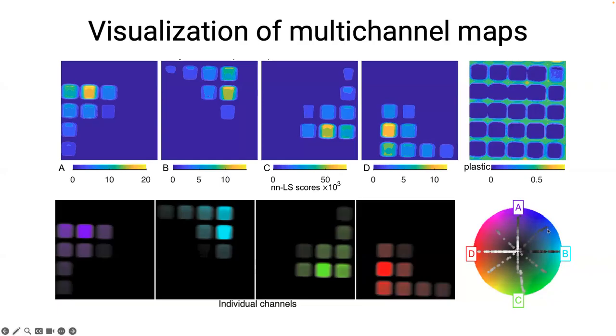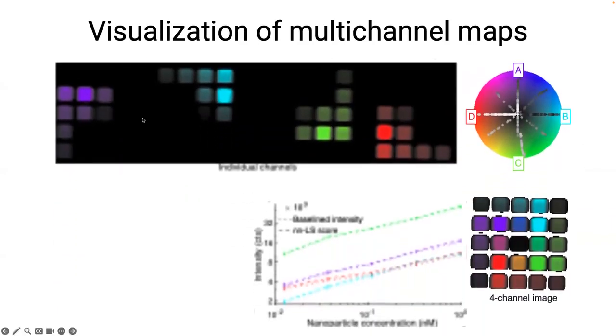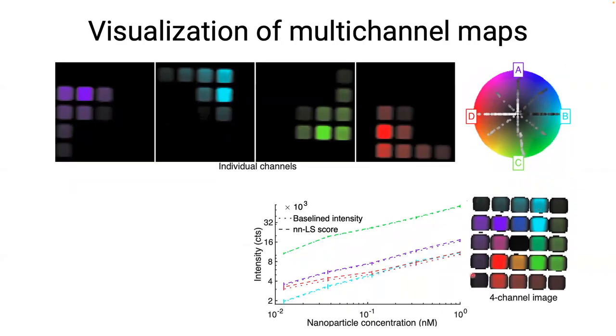So in this way, we can merge all of these 4 images into this one that shows not only in a quantifiable way, but also the combinations of the different contrast agents. So this is like a new approach to pseudo coloring. And at the same time, each pixel retains the quantitative information from the spectral perspective.